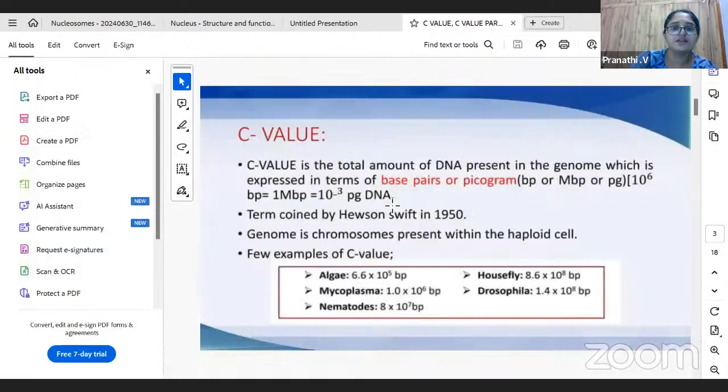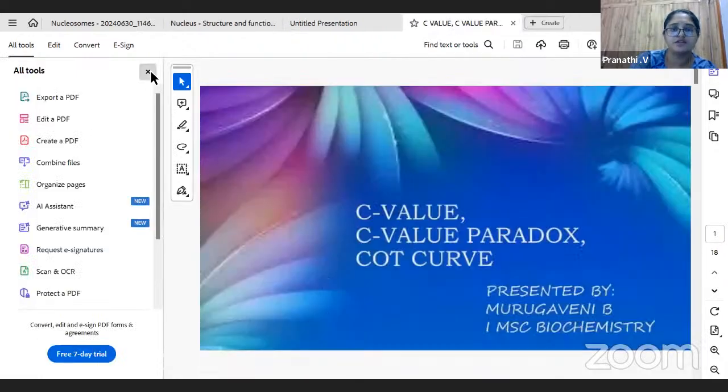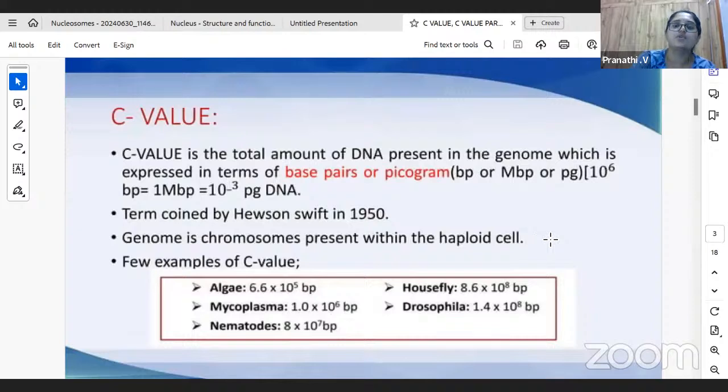Now, when it comes to the C value or the C value paradox, we'll just have a look at it. It is the total amount of DNA present in the genome, measured in base pairs or picograms. This term was coined by Hewson Swift in 1950, and it refers to the DNA in the chromosomes of the haploid cell.